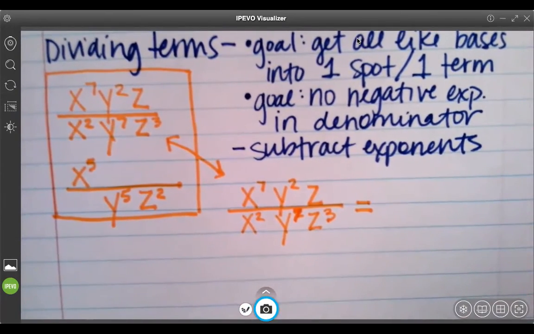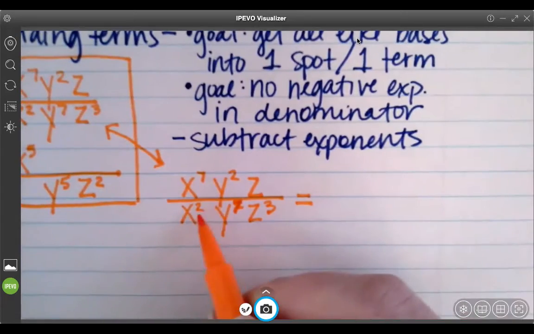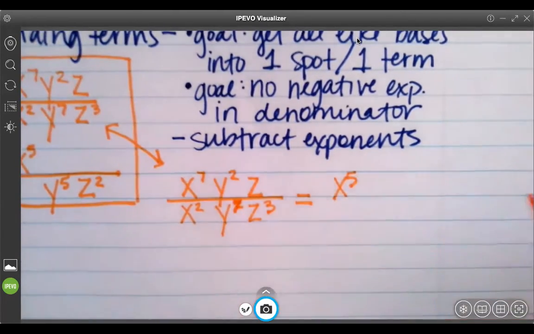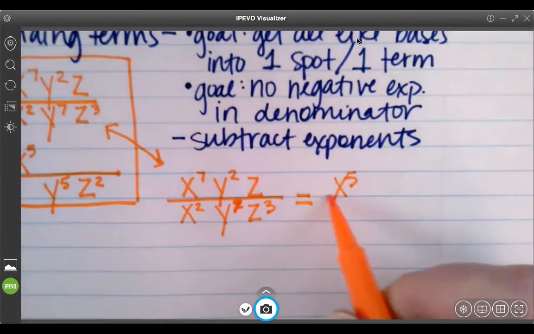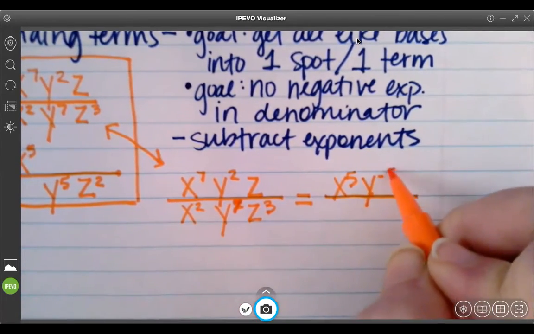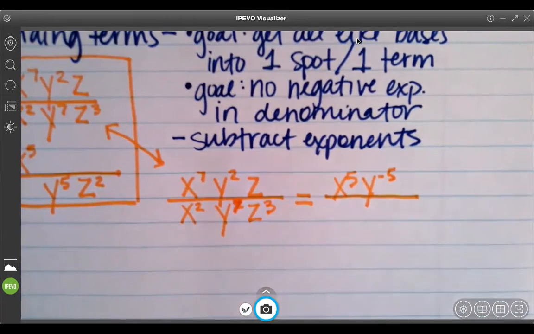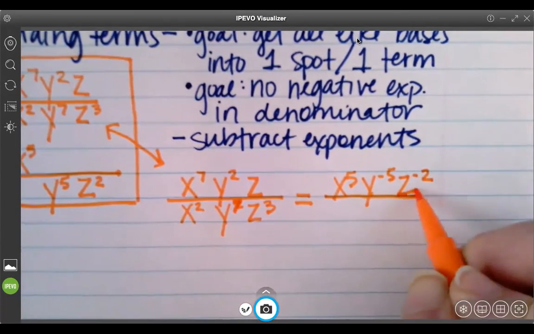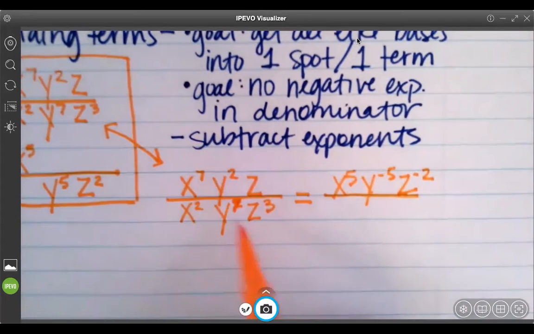Now, the other method is you always subtract top minus bottom. 7 minus 2 is going to be 5. 2 minus 7 is negative 5. 1 minus 3 is negative 2.